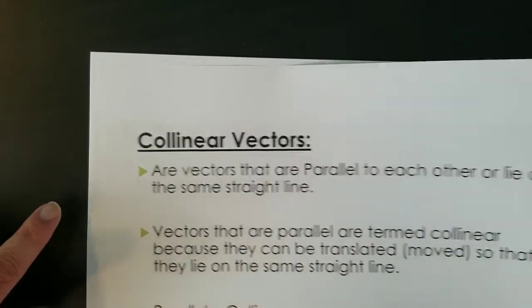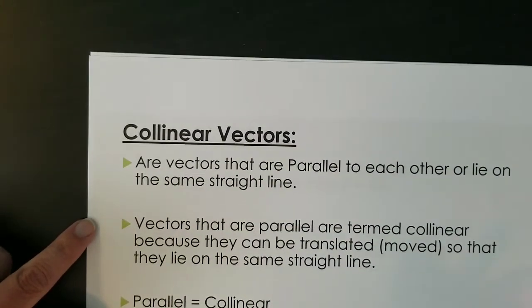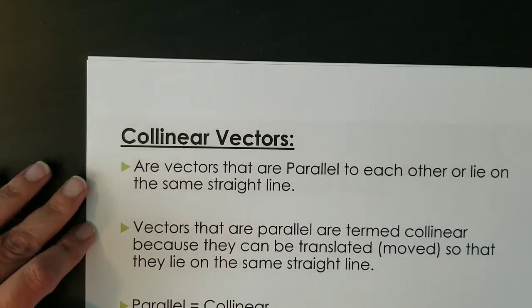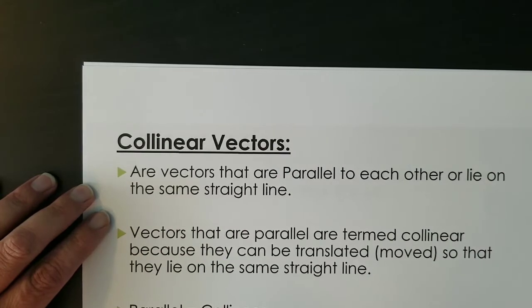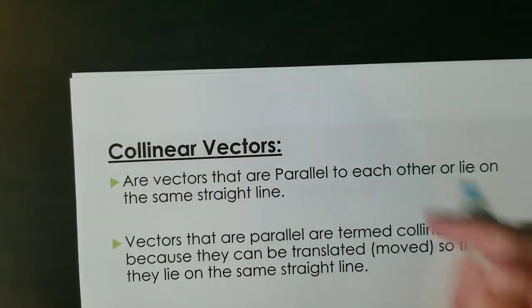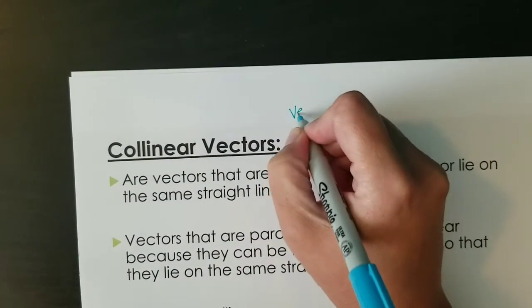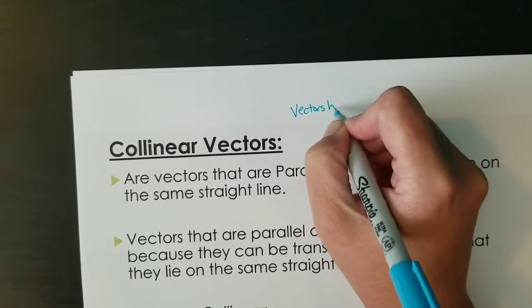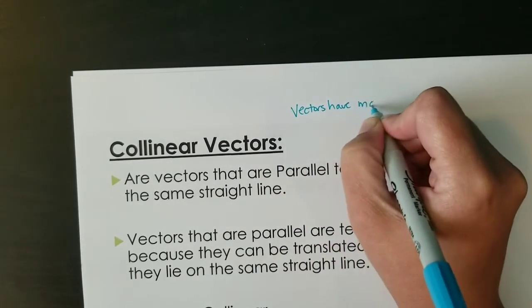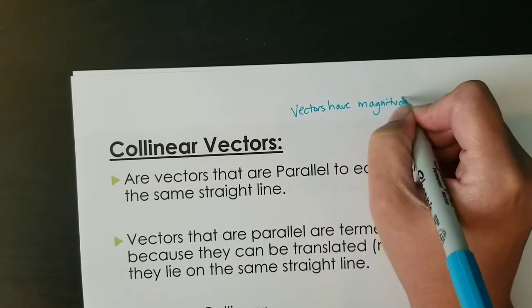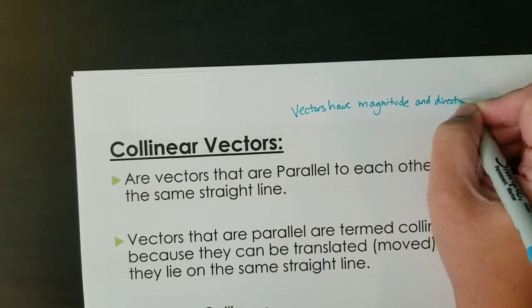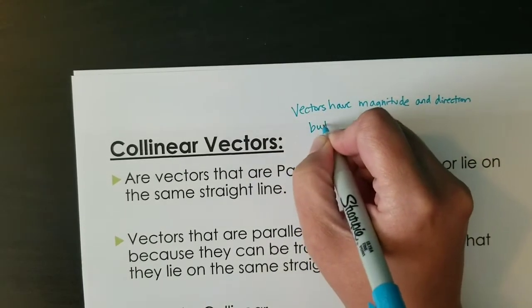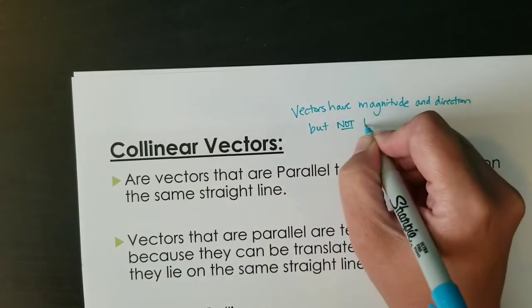The last, I think we're on kind of the last definition part here, is about collinear vectors. So if vectors are collinear, it means that they're parallel. Remember that vectors have, I'm going to write this down again because it's so important, vectors have magnitude and direction, but not location.